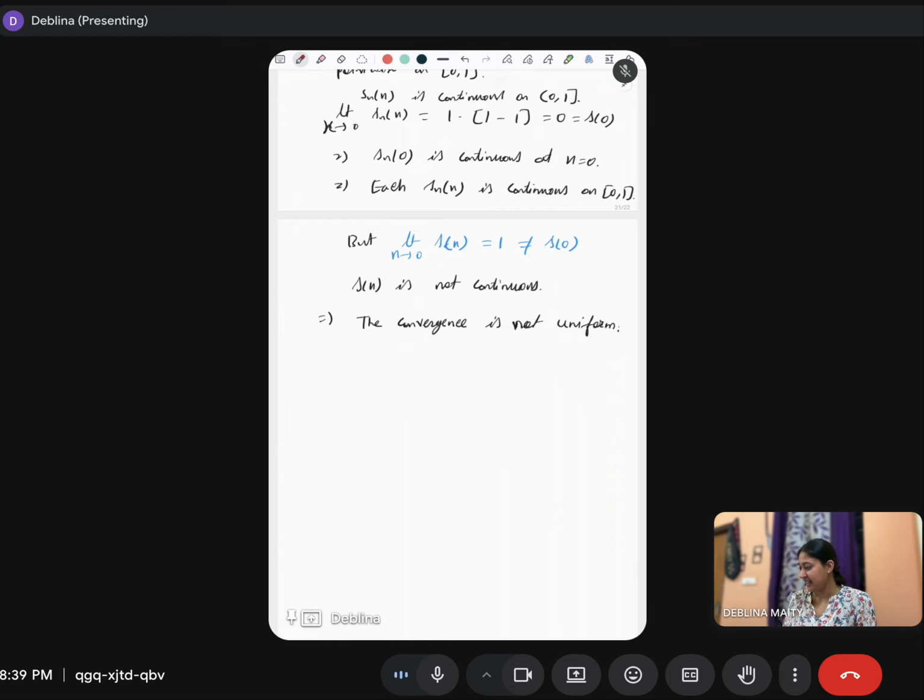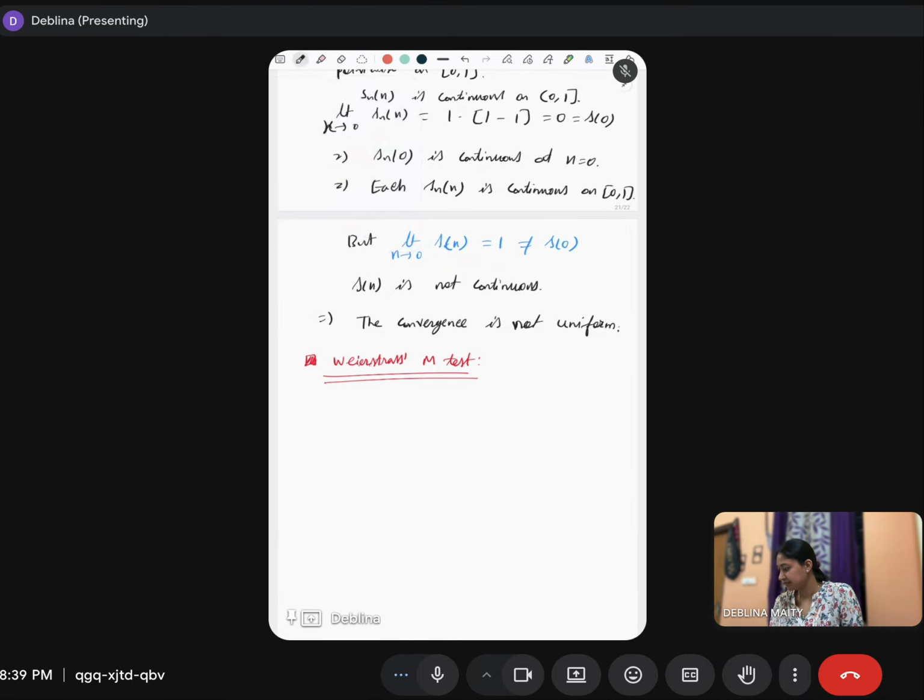Now there is a test, like in the sequence of functions we have the M test, right, for sequence of functions. Now here for series of functions we have Weierstrass M test.